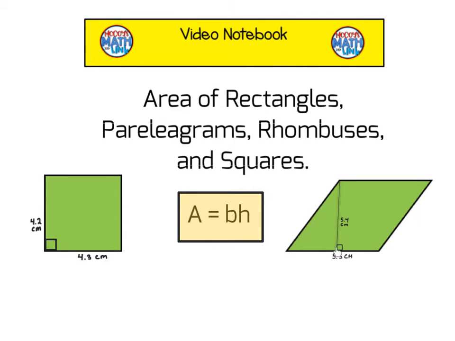So we'll always use the little square, which represents a 90-degree angle, for our height. And over here on this rectangle, it's right there. So we know this is a 90-degree angle, so that will have to be our height. So without further ado, let's get going, and we'll start with this one right here.